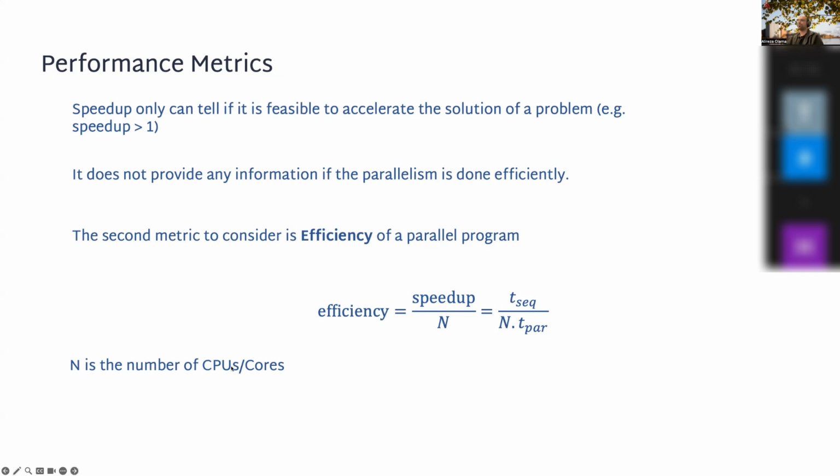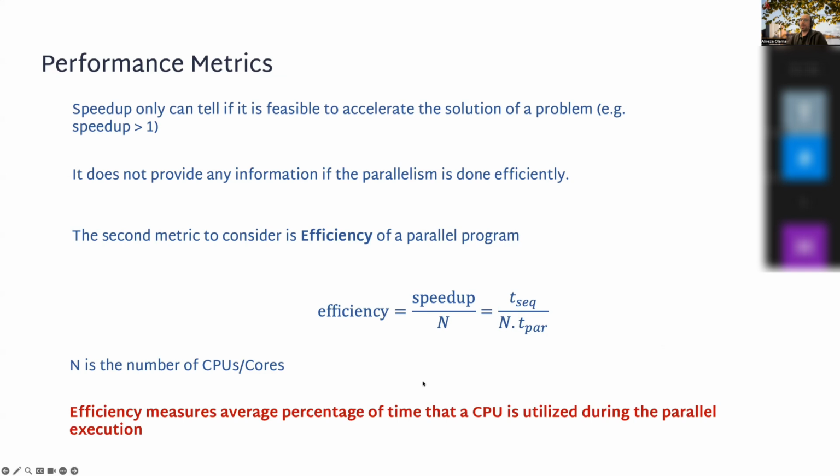And here n is the number of CPUs or cores. So this equation gives you the efficiency of your algorithm. And roughly speaking, it measures the average percentage of time that a CPU is utilized during the parallel execution. So it tells you how much of your CPU is utilized during the execution.